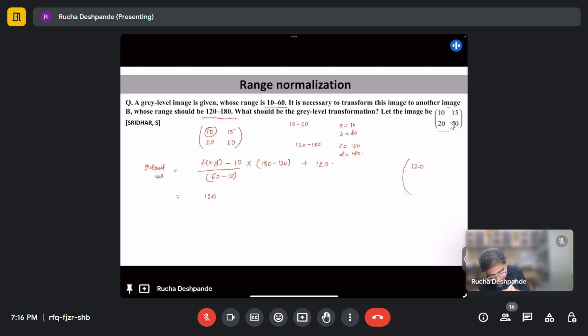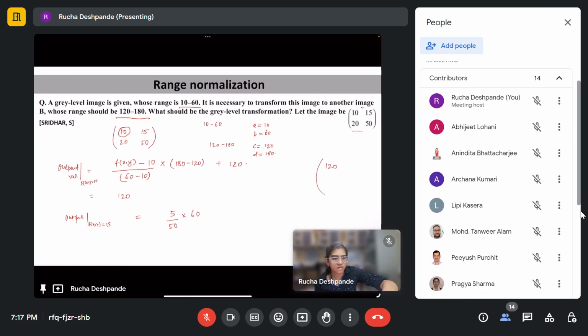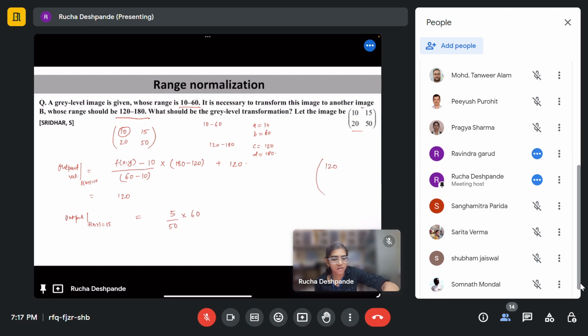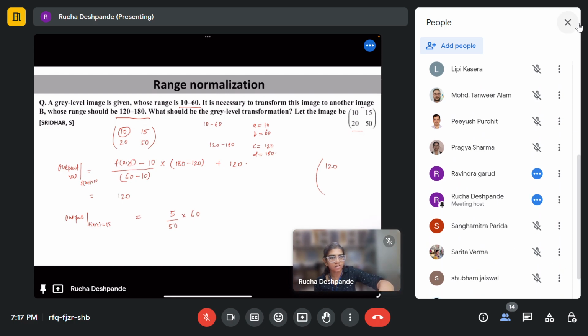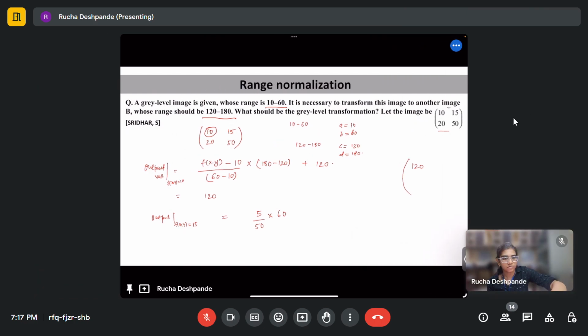Then for f of x comma y equal to 15, five by 50, this is 126.